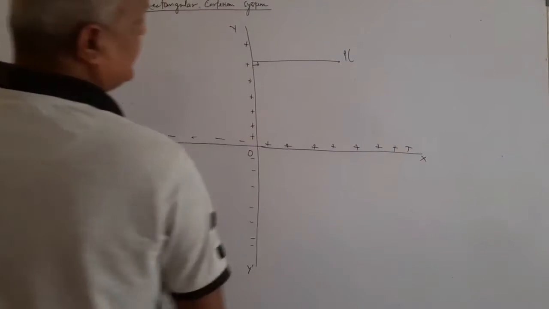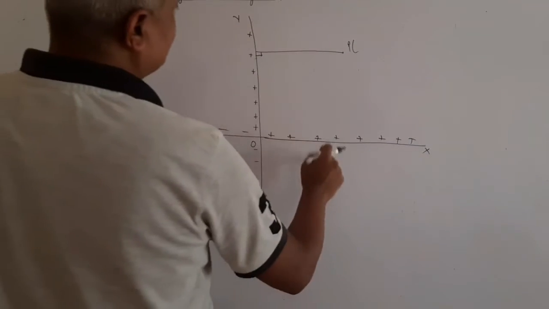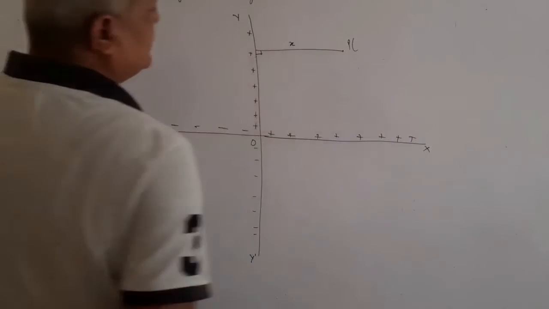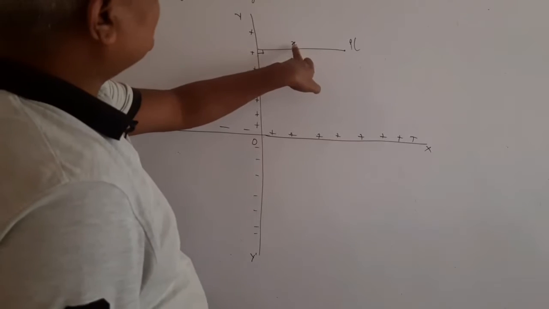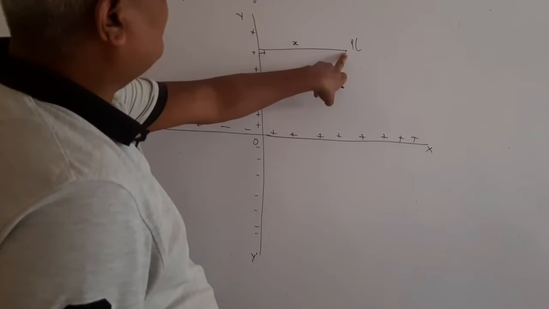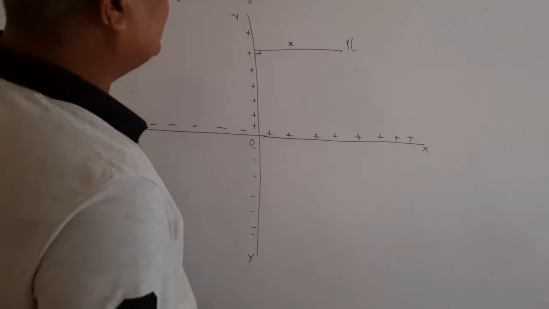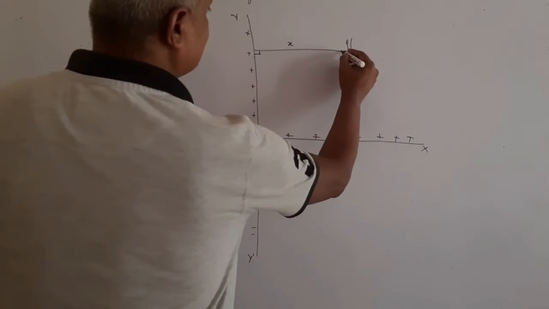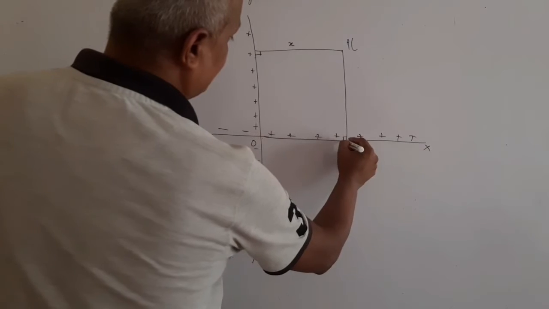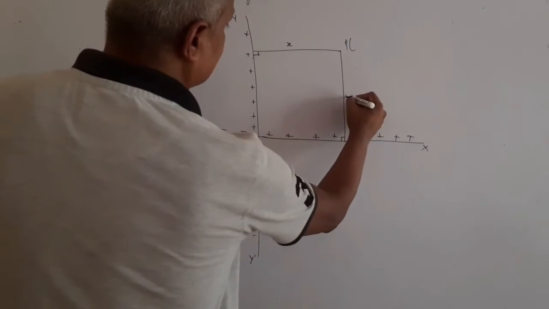This distance is called x. So PX is the perpendicular distance of point P from the OY axis, and in the same way y is the perpendicular distance of the point from the x-axis.